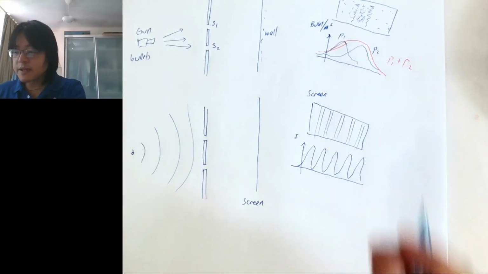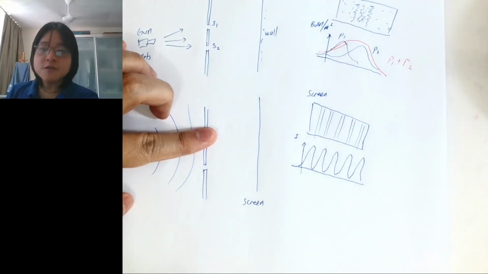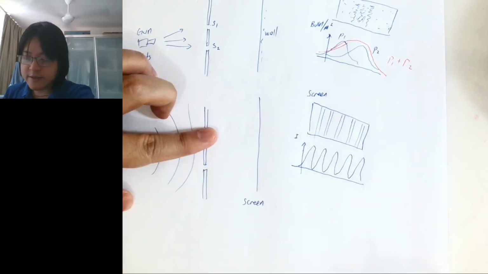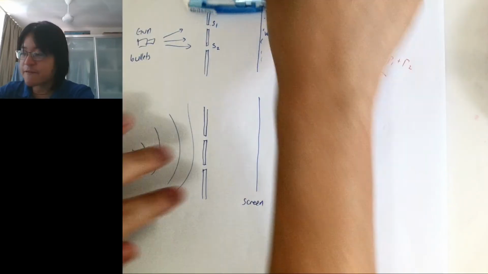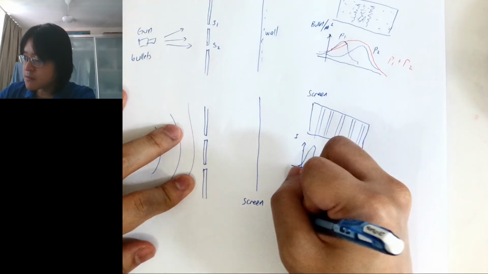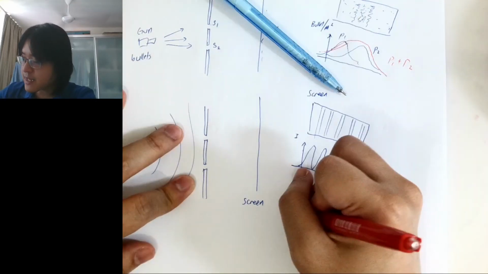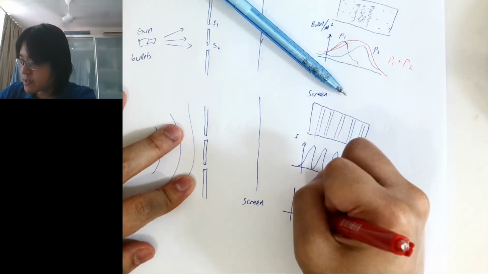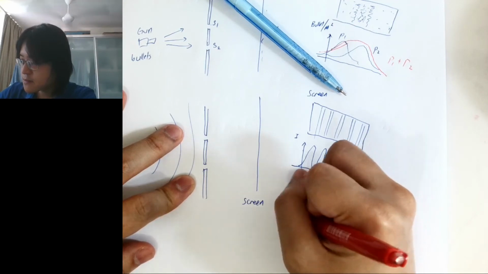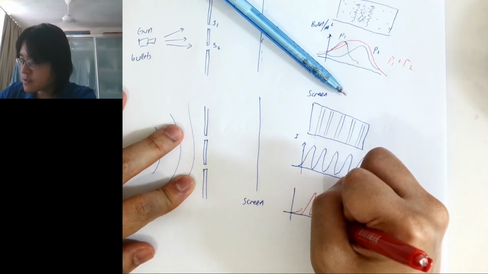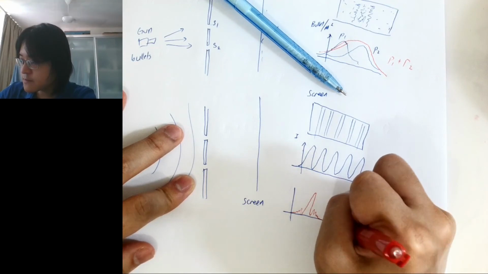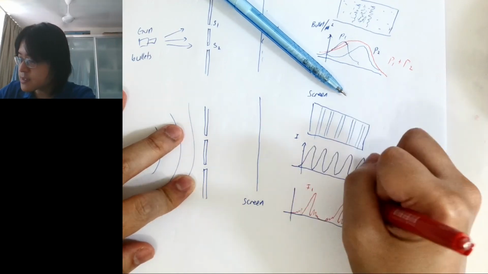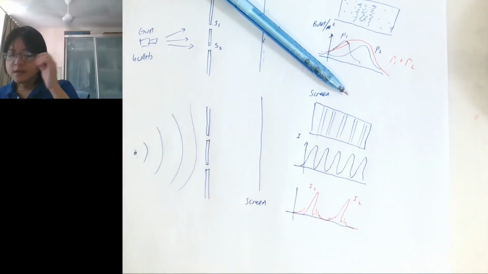But this is different if you close one hole. If you close one hole, you do not get the interference pattern. You just get a single slit diffraction that is not so obvious. So you just get a spike here, and another spike here. This is I1, this is I2.